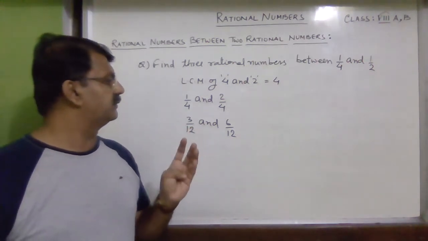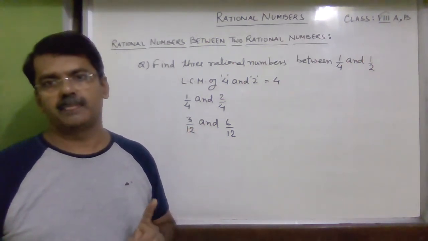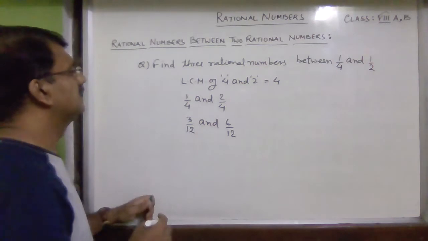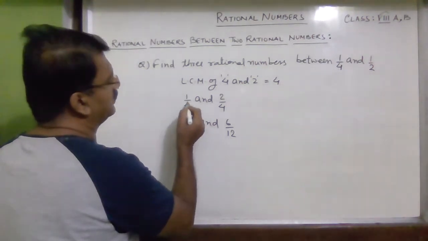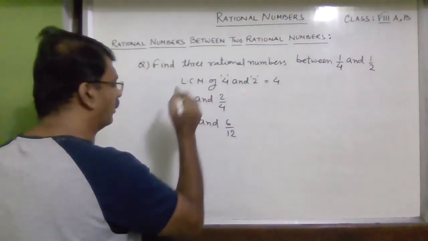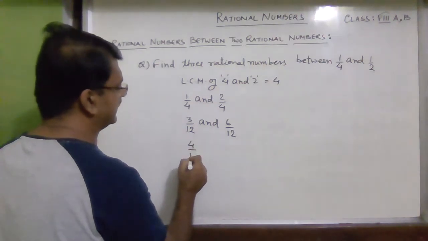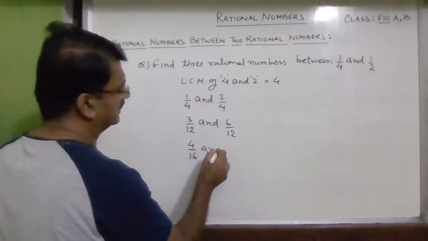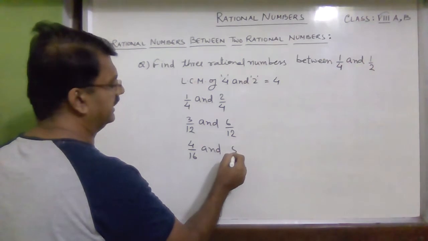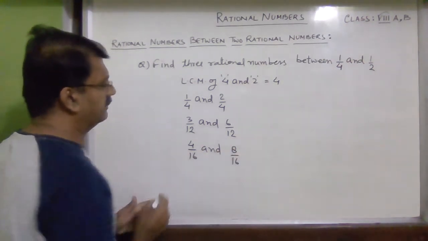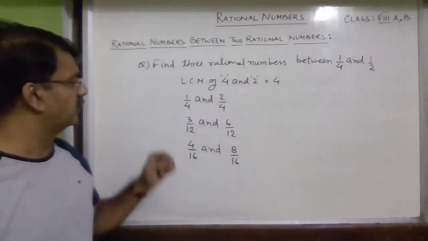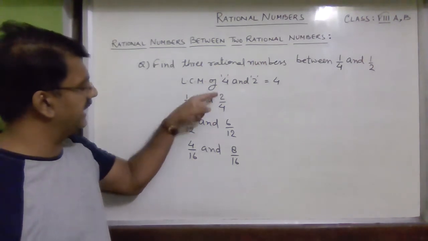So we can now write 4 and 5. Two numbers are there. But now we multiply both the numerator and denominator of these fractions by 4. So 4 by 16 and 8 by 16.